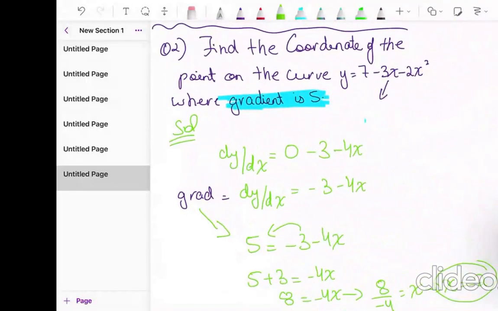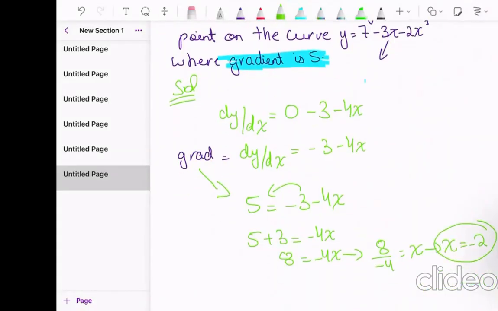Find the coordinate of the point on the curve y is equal to 7 minus 3x minus 2x squared where the gradient is 5. Because the equation is equal to y, when we put the value of x, we get the y. So this is how we can find the value of x, that is minus 2. I hope everything is clear. That's a very simple concept of this question.